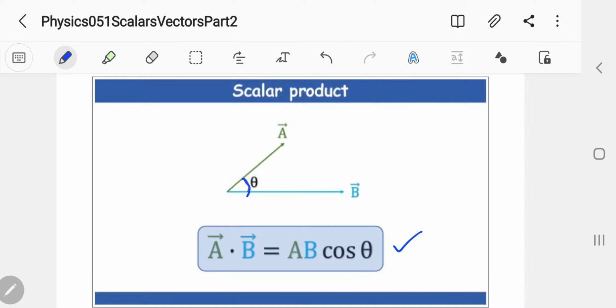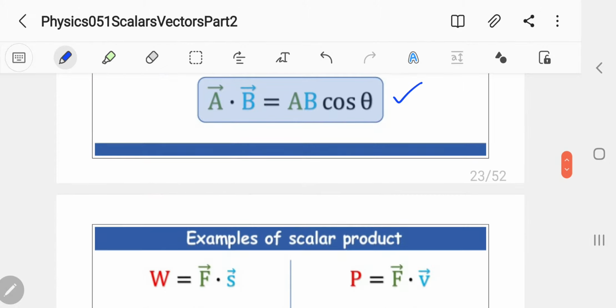And the angle theta here would be the smallest angle between A and B. Do not use this angle. This is a wrong angle. You have to use only the smallest angle here, theta.